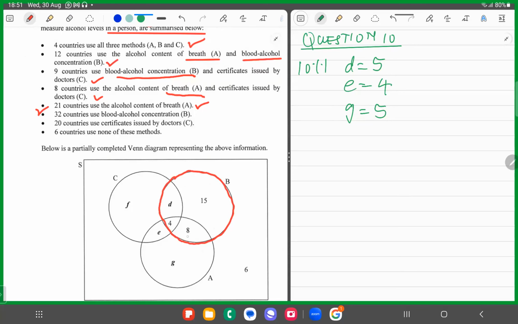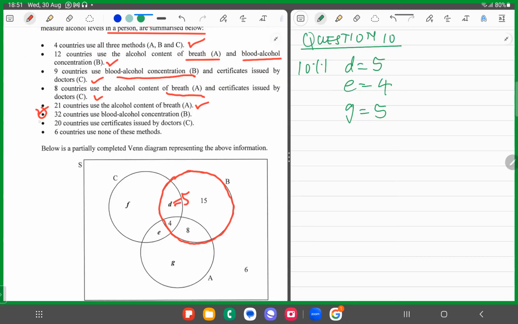What is 4 plus 8? 4 plus 8 is 12. 12 plus 15 is 27. If it's 27, what do we add to 27 to get 32? We can add only 5. We have already got D anyway, we got it earlier.